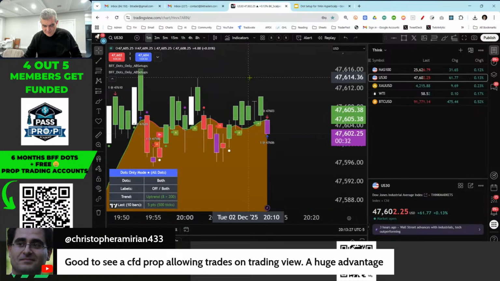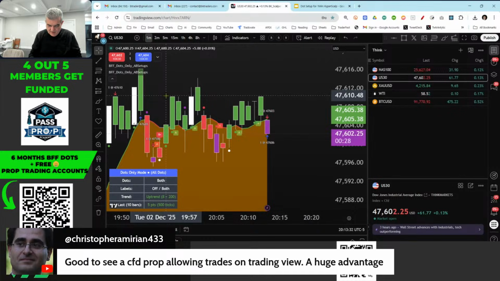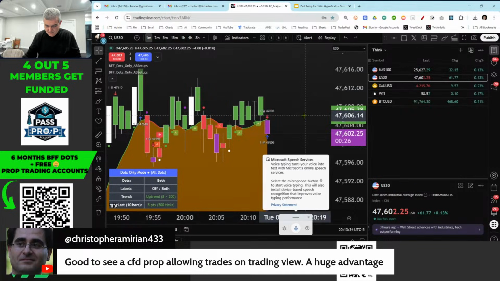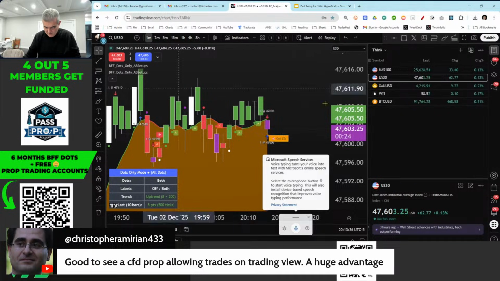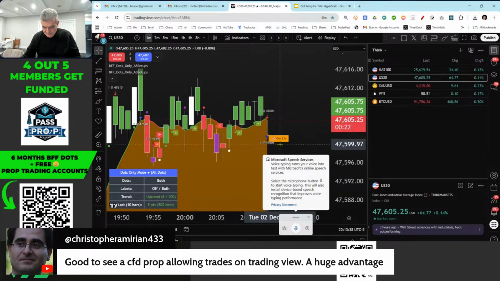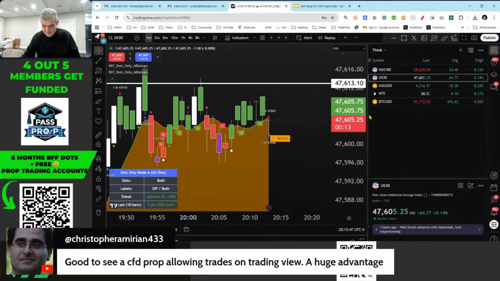But it looks to me like if it can't break higher, this is interesting. You see this over here? This is the resistance level. And until we break above that, there's nothing really to do on the long side.